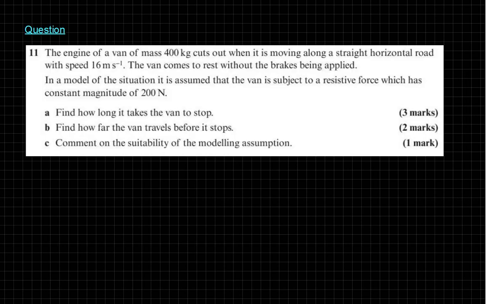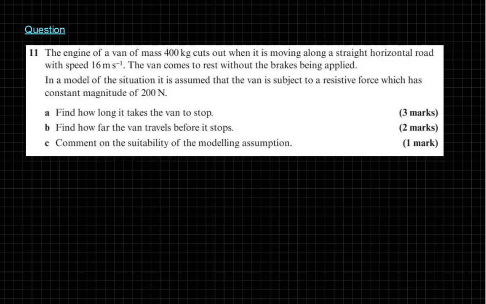And final question, if you don't want the hint, have a go, pause the video now. Okay, and if you do need a hint, you're effectively going to use F equals ma, so the force is 200 newtons.